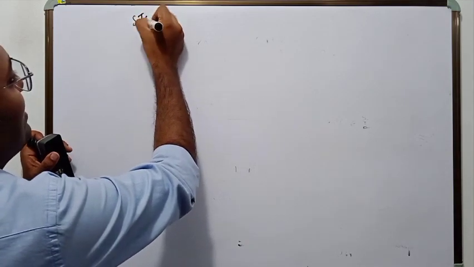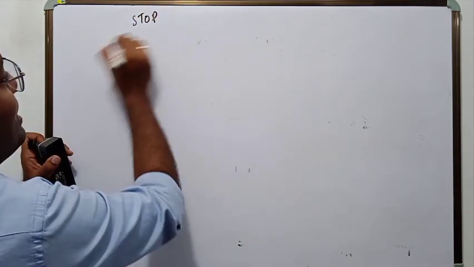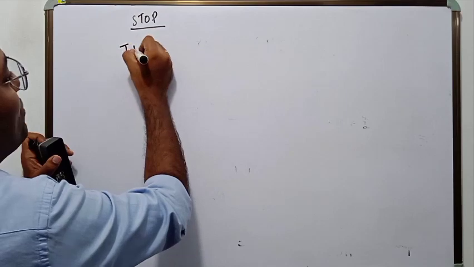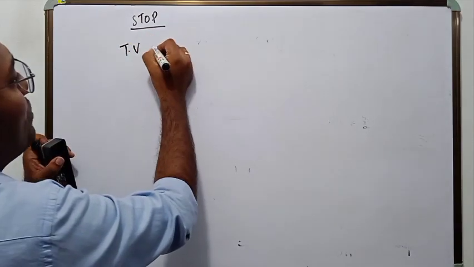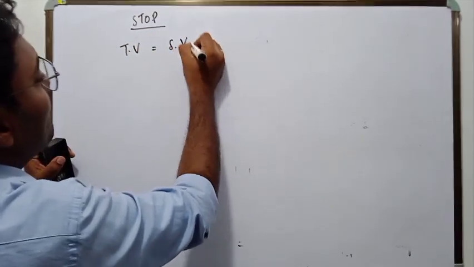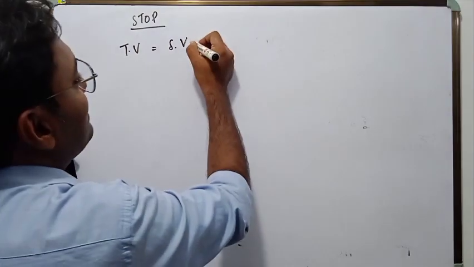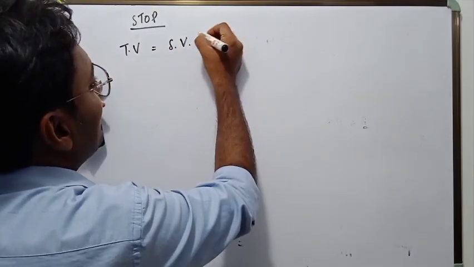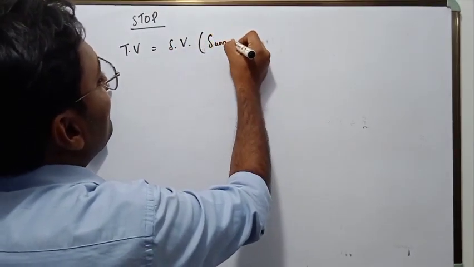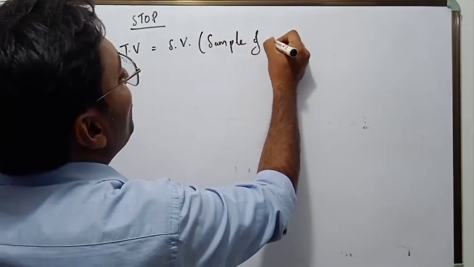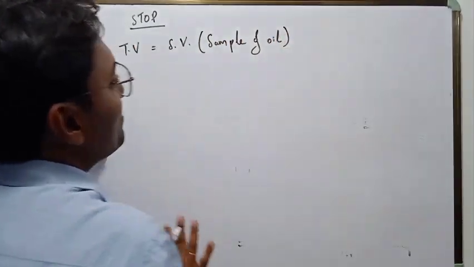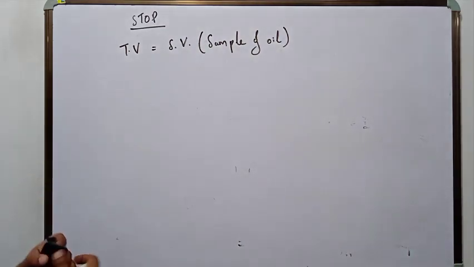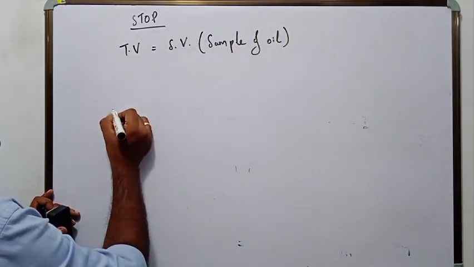Note down the titer value. I will call this titer value the sample value, because it was taken when the sample of oil was present. Correct?